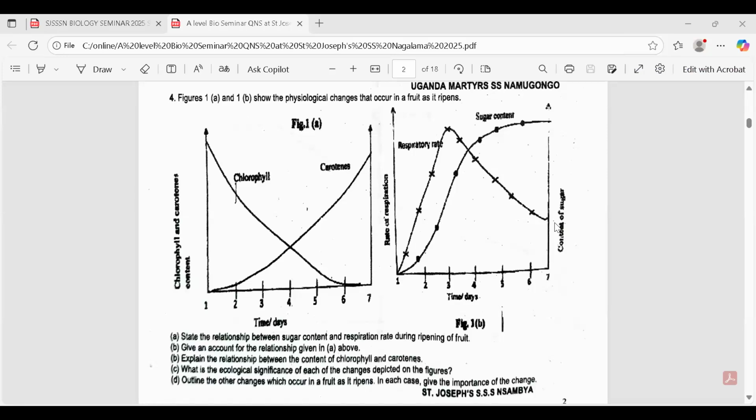Can someone try to shine more light on that? How right is that statement? They have said as the sugar content increases, the respiration rate increases. I don't know which one is leading to the other. Is there anyone who can try to put that right?